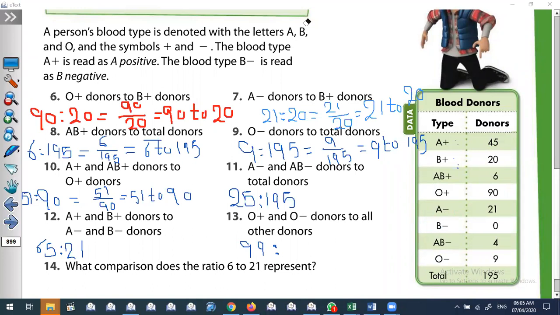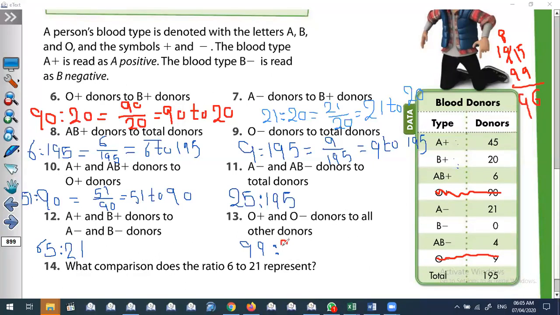Here, O positive and O negative, 99. So we make 195 minus 99. 5 minus 9 can't be, this will be 6. 15 minus 9, 6. 18 minus 9 is 9.